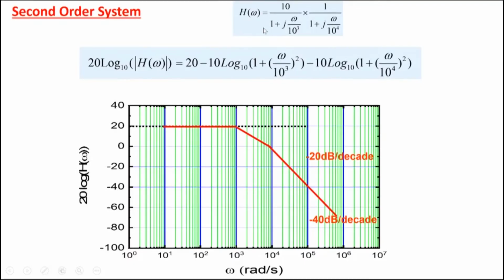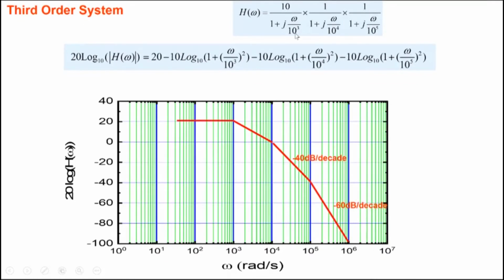As an example, note that with 1 plus j omega and 1 plus j omega, when we multiply them together, we get an omega square in the denominator. It's a second order system, a second order filter, and a second order filter, as we saw in this example, gives you 40 dB per decade. We had also seen a case of a third order system. If you multiply them all together, the highest power that you will get is omega to the power 3. It's a third order system, third order filter, and the maximum attenuation that you're able to get is 60 dB per decade.